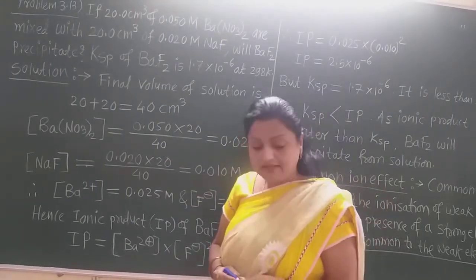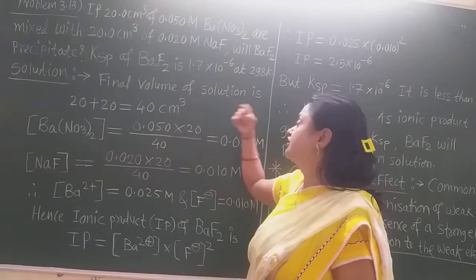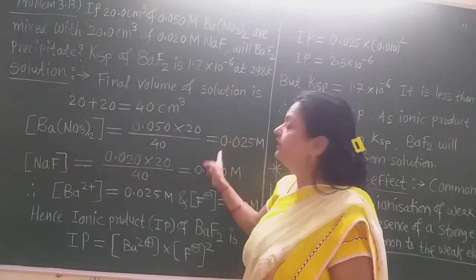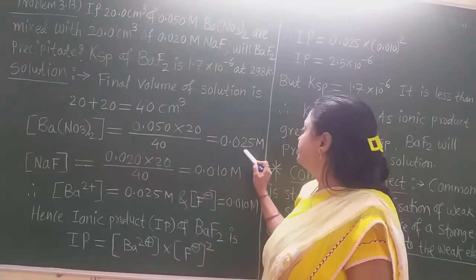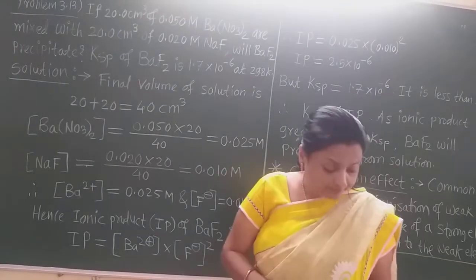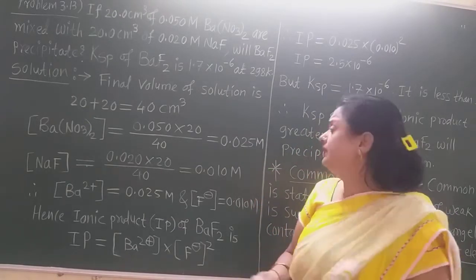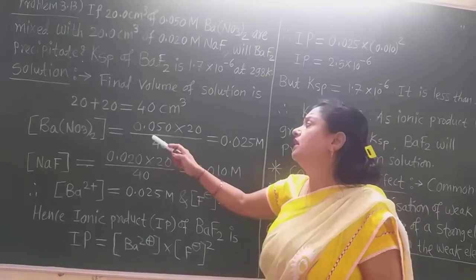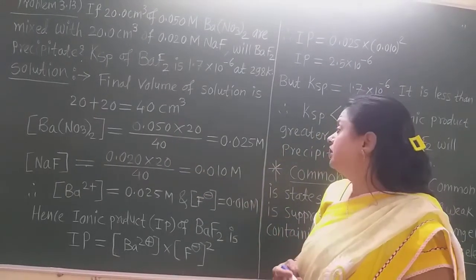As it is cross multiplication, 0.050 corresponds to 20, then what corresponds to 40, and that is calculated as 0.025 molar.